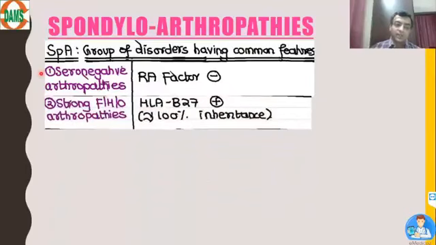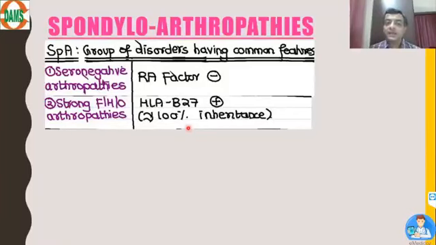Number 2, they have strong family history of arthropathy because HLA-B27 is positive. So we are comparing the disease with rheumatoid arthritis.